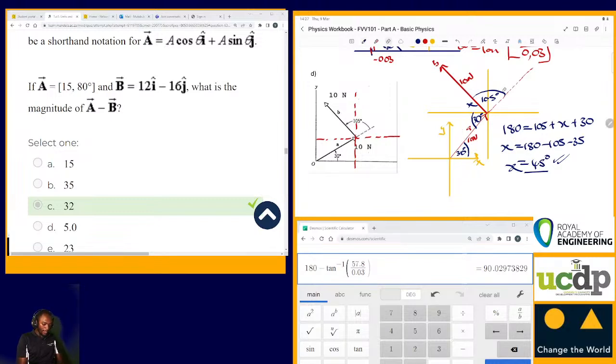Now that being said, we can put our angle there, which is 45. We're going to need that angle. And we'll remove this now that we have understood.